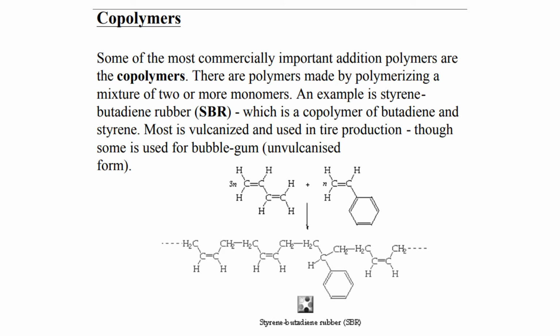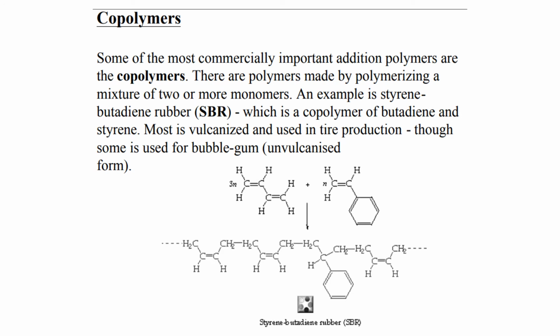Now, some of the most important addition polymers are copolymers. So these are polymers that are made not entirely from one monomer, but a mixture of two or more monomers.